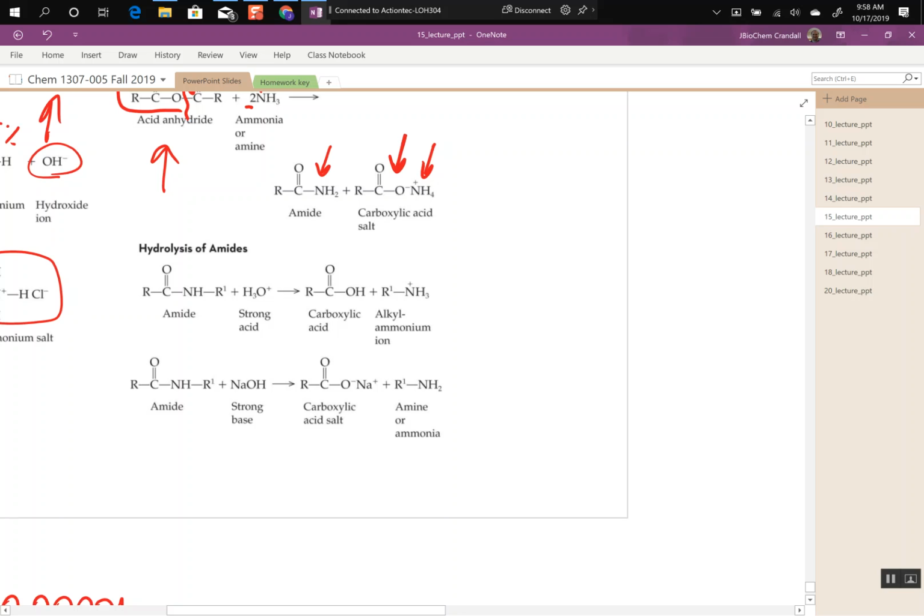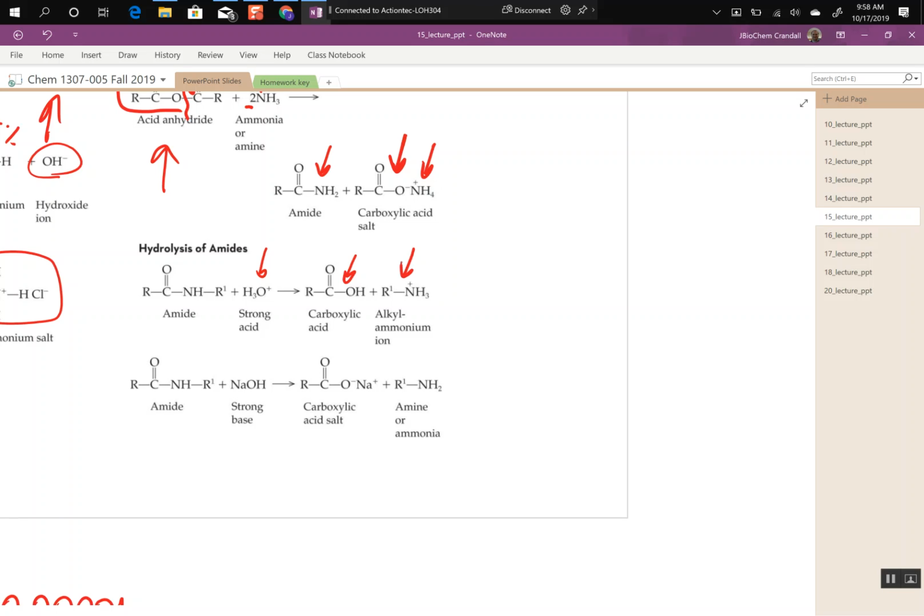Good. So let's see. So here I have my amide. It's acid catalyzed, this hydrolysis. I'm going to get the carboxylic acid and the ammonium product. And ammonium has a positive charge, and it's an acid. Okay?